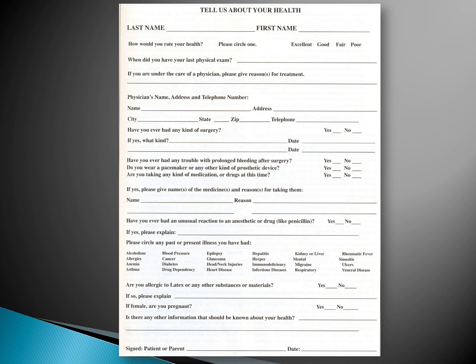Every detail is very important to know the medical status and give us a preview about the patient. This is a form for the medical and dental consent. The patient must fill in the first name, second name, and some questions like the telephone, status, city, and also any medicine he is taking.